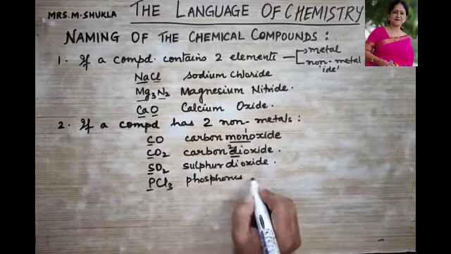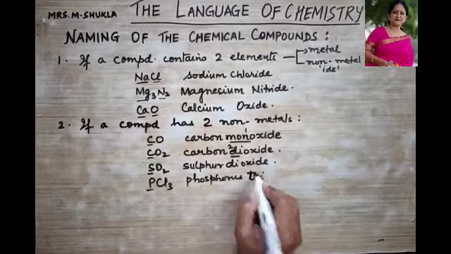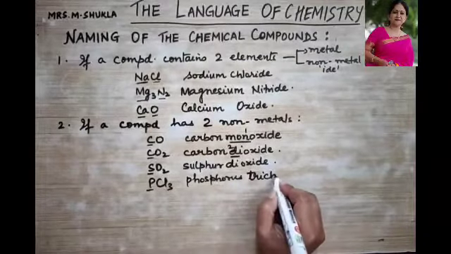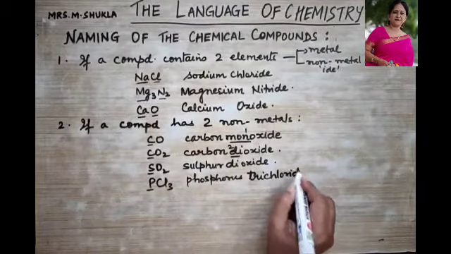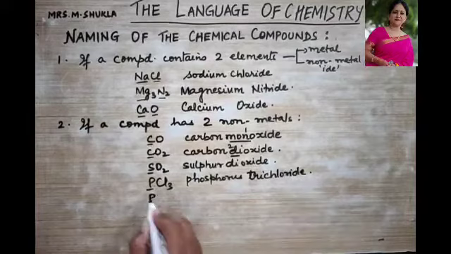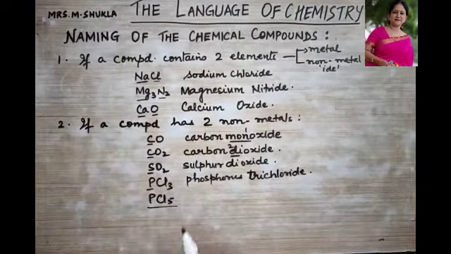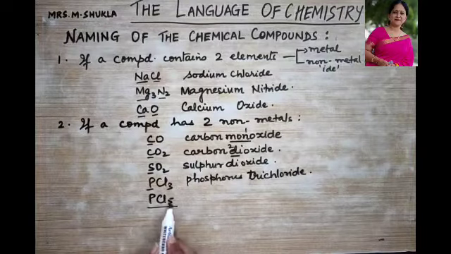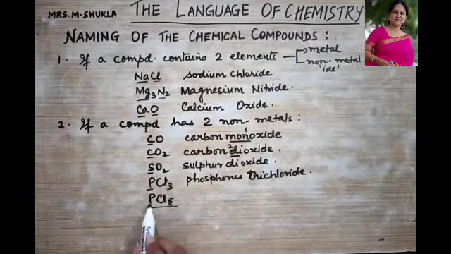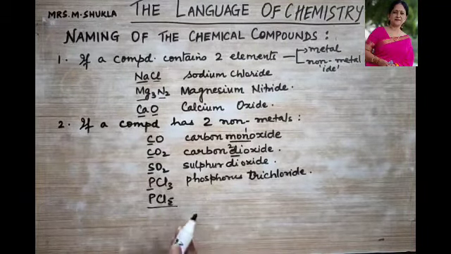So we write phosphorus tri. Then chlorine changes to chloride. Same way you can also say PCl5. How are we going to name it? 5 means penta. Phosphorus pentachloride.